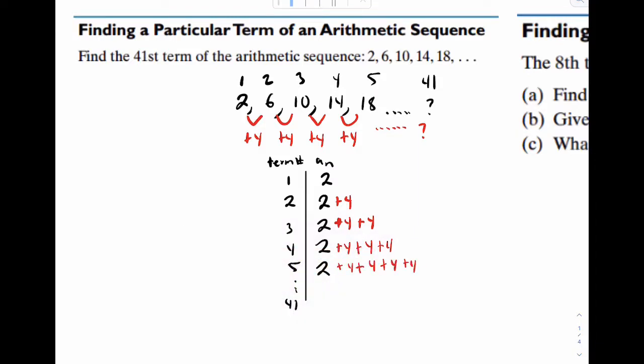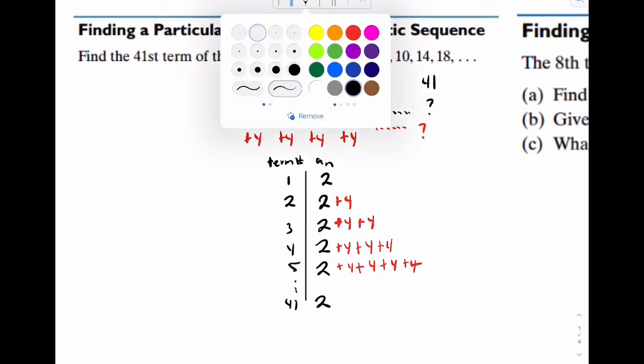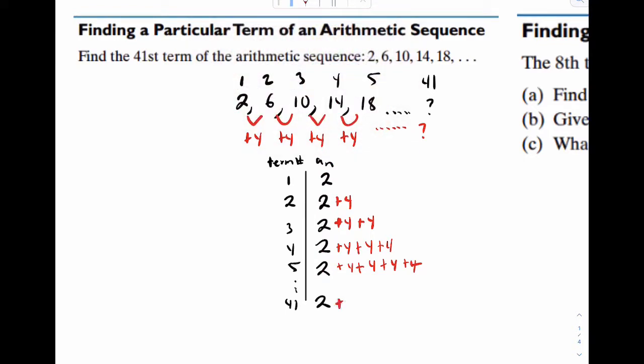So our goal is to figure out the relationship between these, right? 1, 2, 2, 6, 3, 10. Hopefully we're noticing that there's always a 2 happening. So my 41st term, there's definitely a 2. And I know there's going to be a bunch of 4s. The question is, how many 4s are there? Well, look here. On the second term, there is 1 4. On the third term, there are 2 4s.